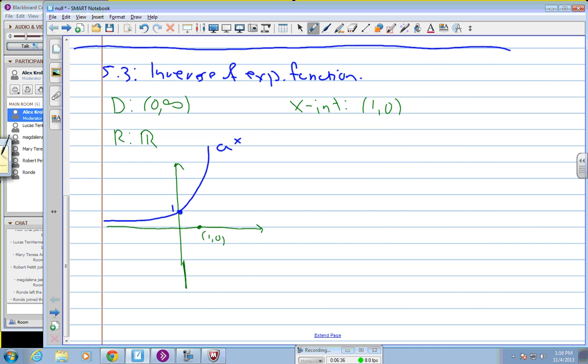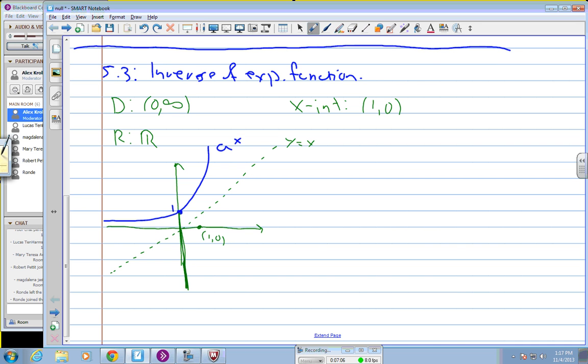And I can sketch the graph of that function because we remember that in order to sketch the graph of an inverse, I have to reflect the graph of a function across the line y equals x. And here's the line y equals x. So if I do that, here's my y-axis. Now remember that the exponential function had a horizontal asymptote at the x-axis.